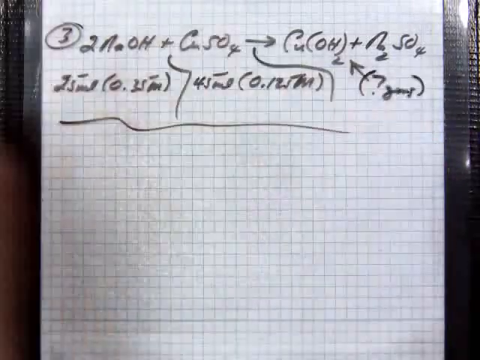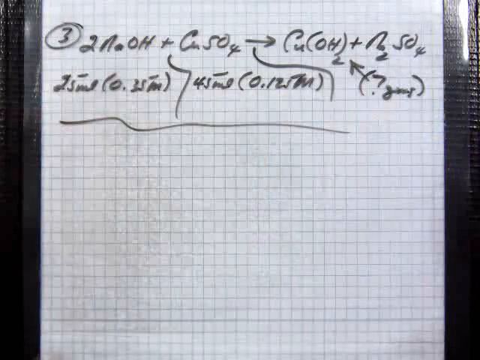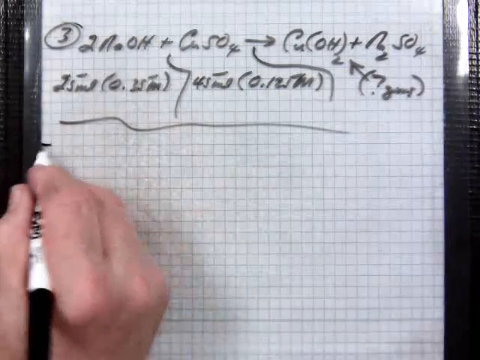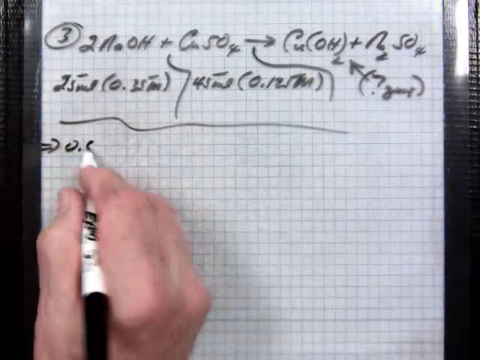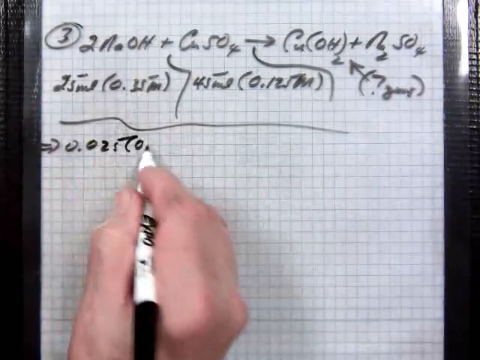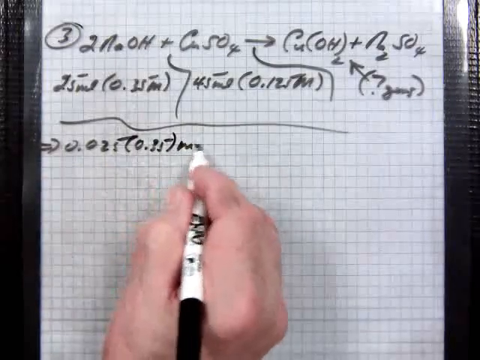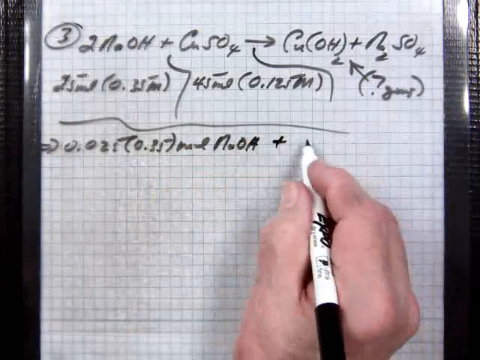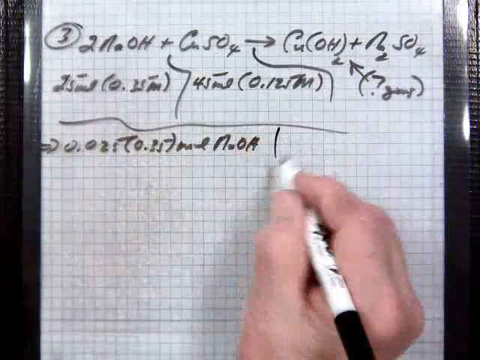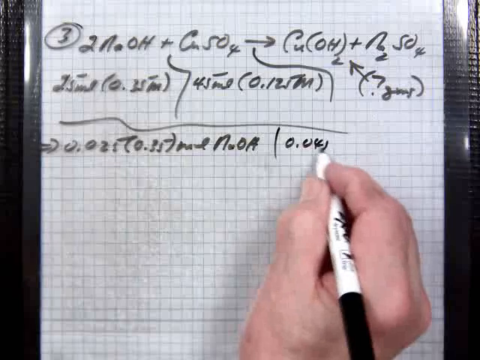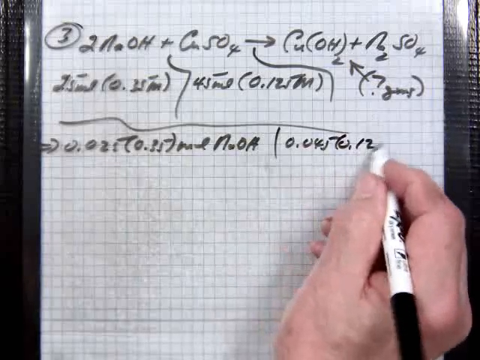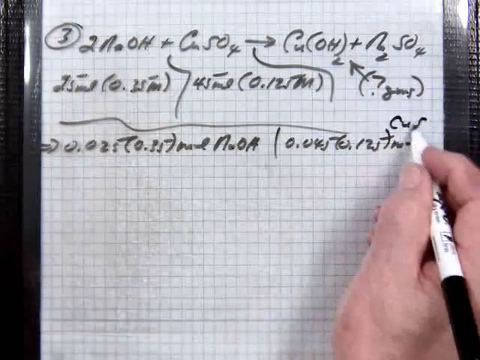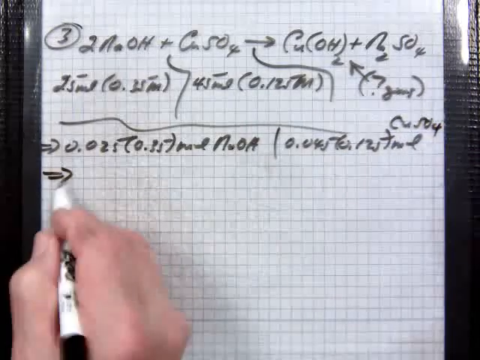So we want to first find out who's the limiting reagent. So we want to convert these to moles. So I have 0.025 times 0.35 mole of the sodium hydroxide, and then I have 0.045 times 0.125 mole of the copper sulfate here.